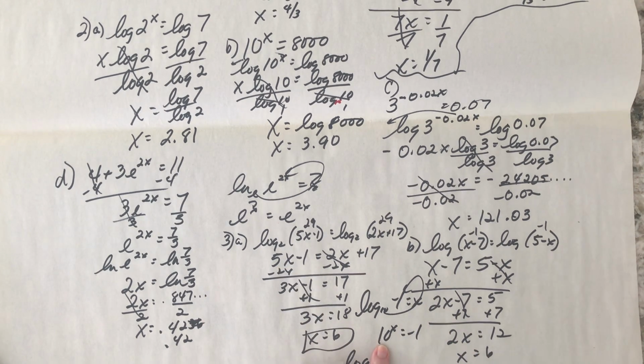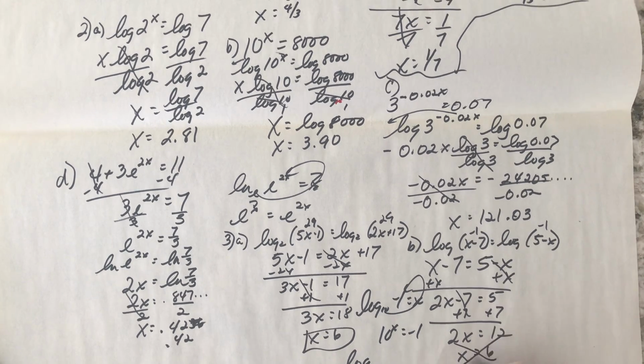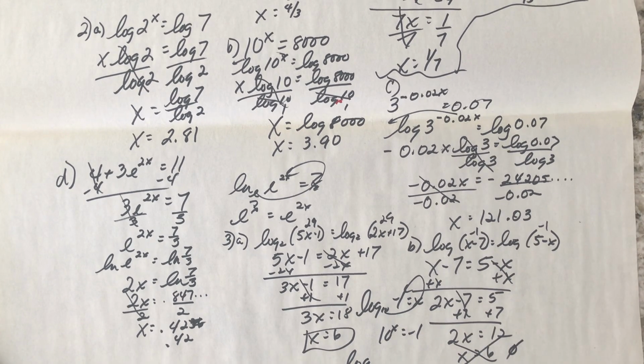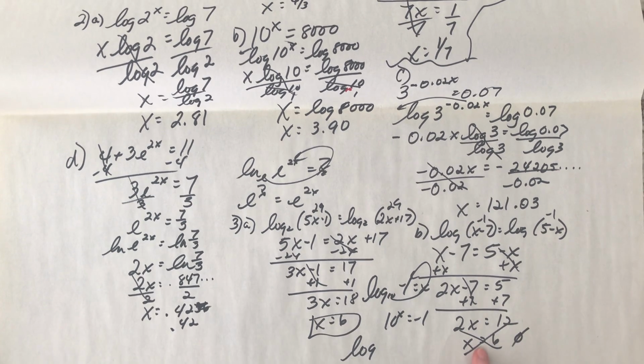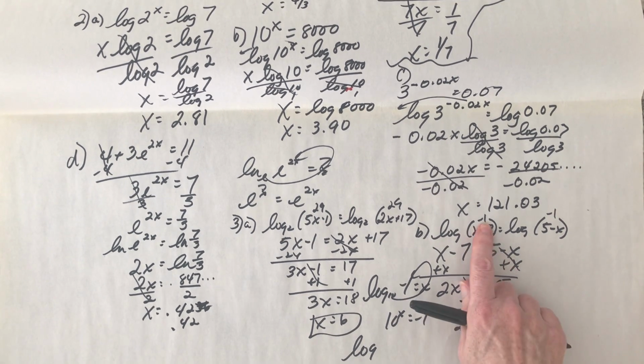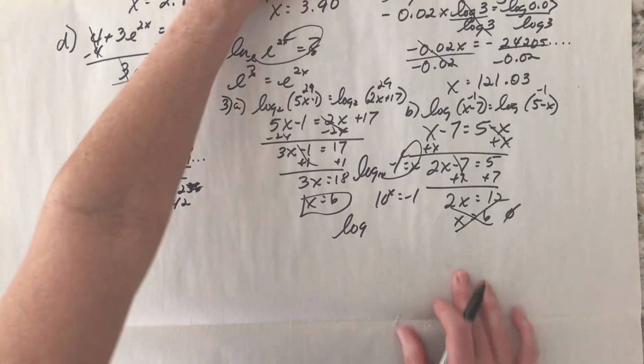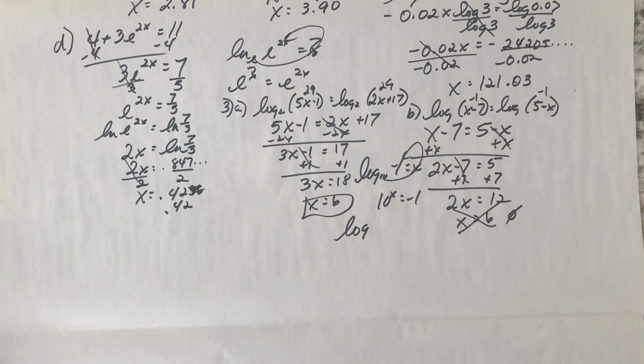You can never raise 10 to any power that will give you a negative answer. So this is just not an answer. There is no answer possible on 3B. You can't tell because 6 looks like a perfectly good number. But if you plug it in, 6 minus 7 gives you a negative answer. Taking a log of a negative number. Not legal.